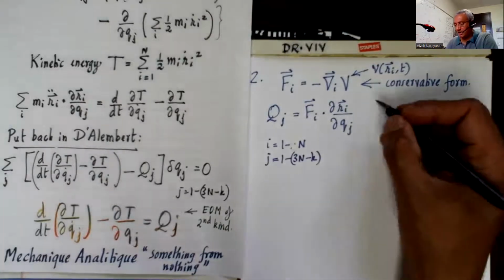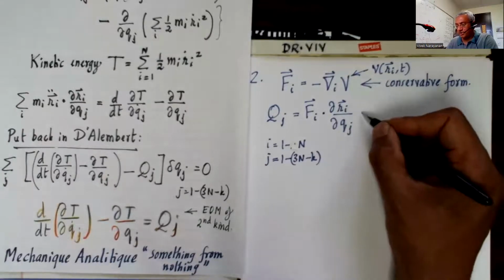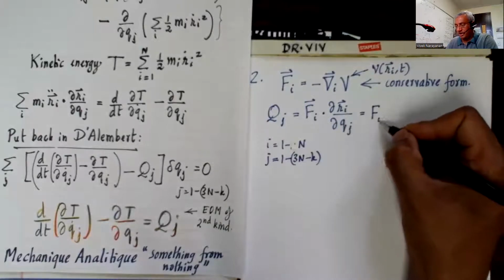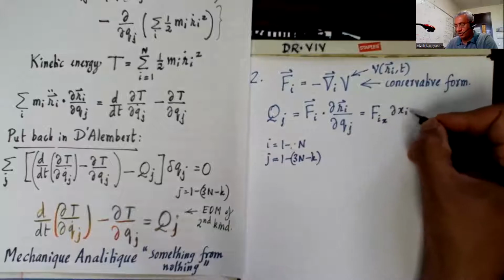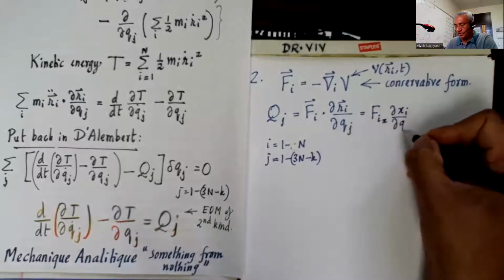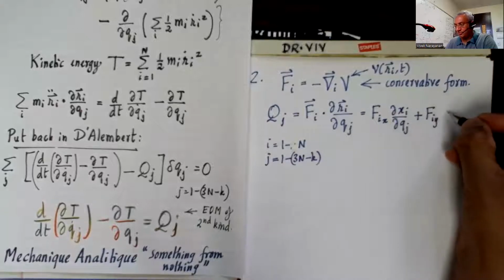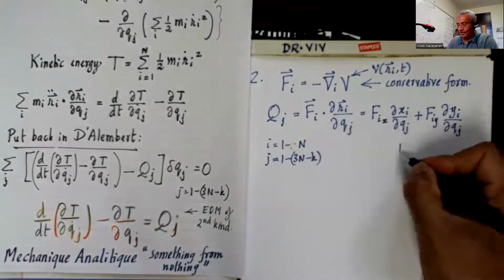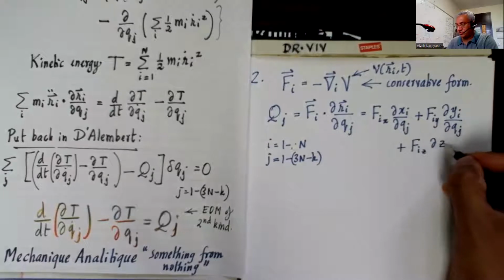Okay, let's now write this down. That is the generalized force, jth component. What can this be written as? In terms of x, y, and z, I can write this as Fix times, so I'm breaking down the dot product, del xi over del qj plus Fiy times del yi over del qj plus Fiz del zi over del qj.